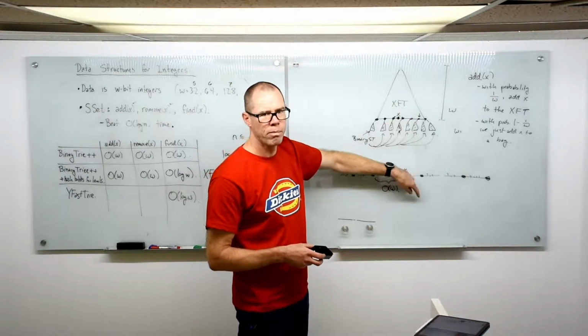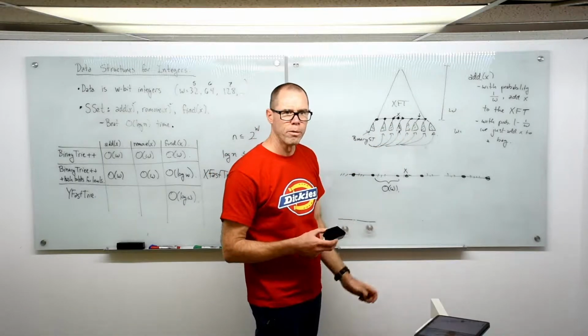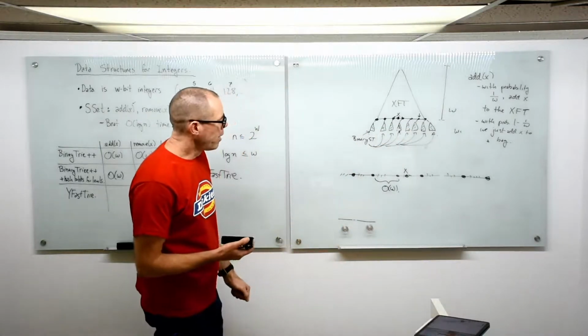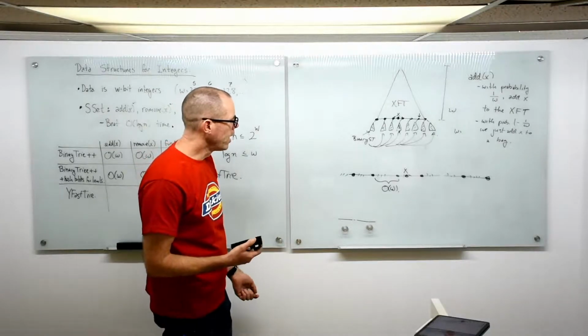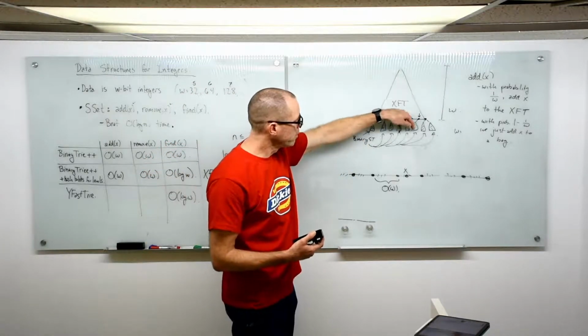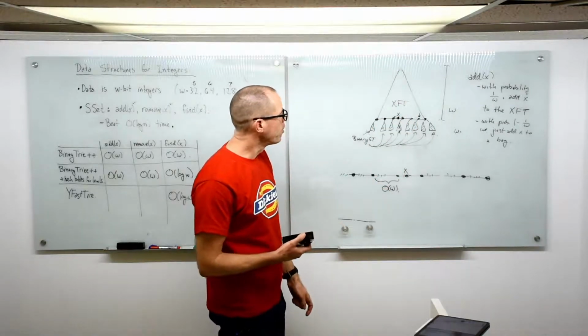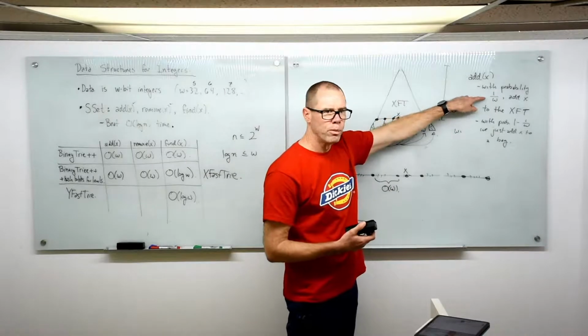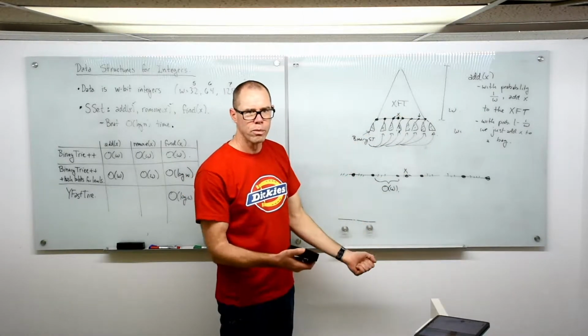Then the bag gets bigger and bigger, and then it's not true that the size of the bag is O of W. But can that really happen? If I keep adding things to the same bag, each time I add something, it has probability 1 over W of not going in the bag, but actually going up and splitting the bag into two.